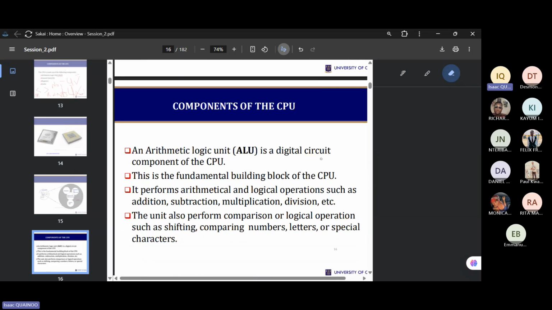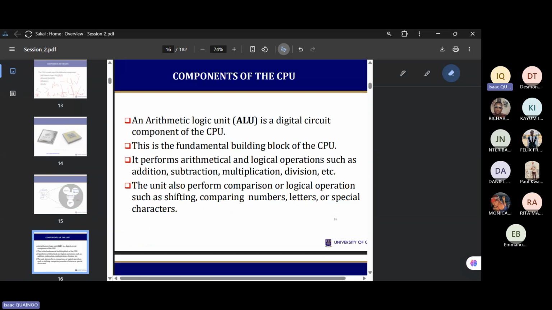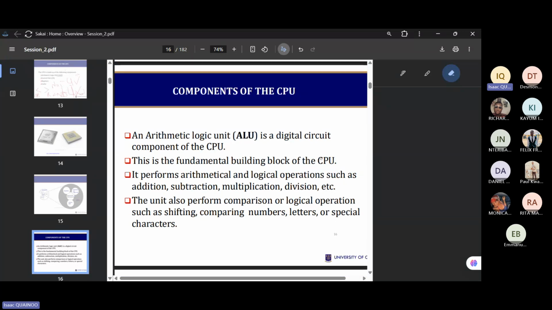Let us look at the ALU in depth. So let us look at the arithmetic and logic unit. An arithmetic logic unit, ALU, is a digital circuit component of the computer. This is the fundamental building block of the CPU. It performs arithmetical and logical operations such as addition, subtraction, multiplication, and division, just like we stated earlier.